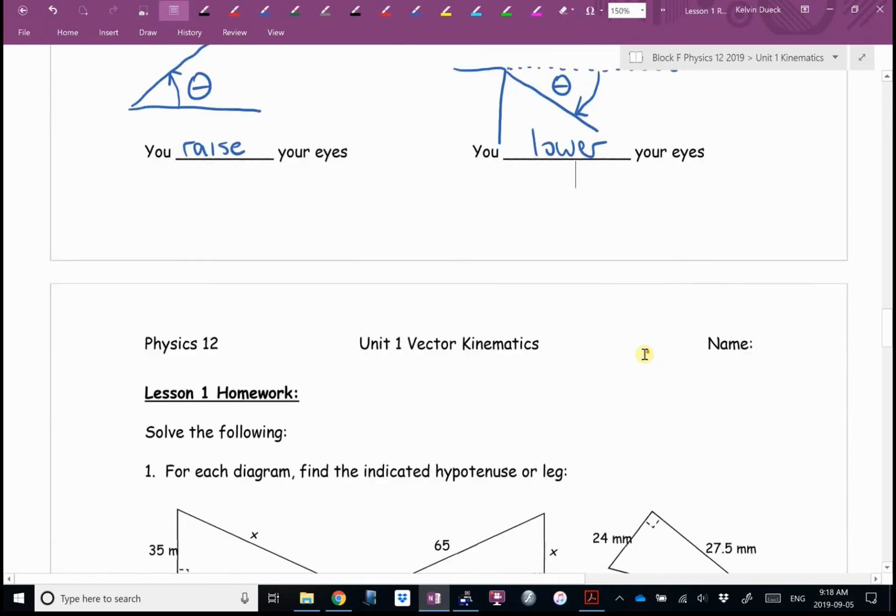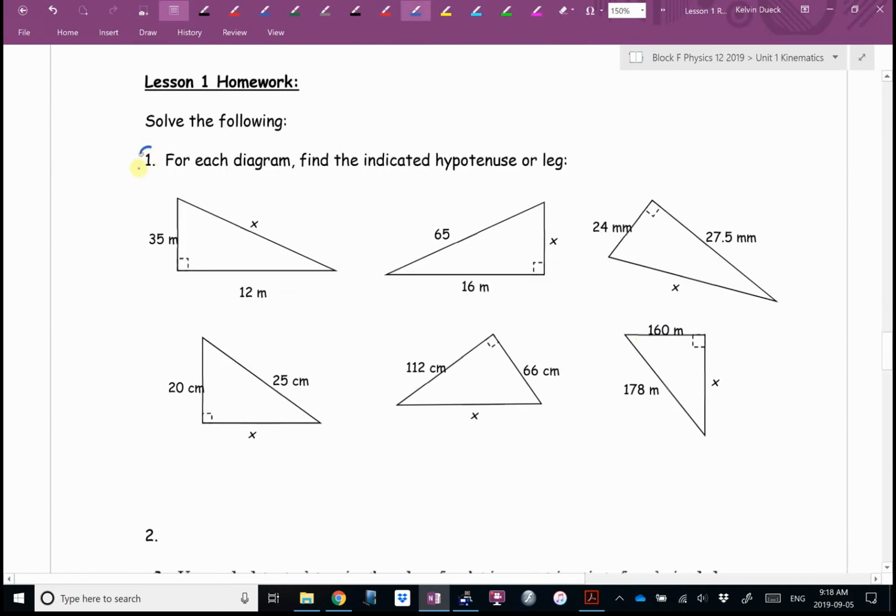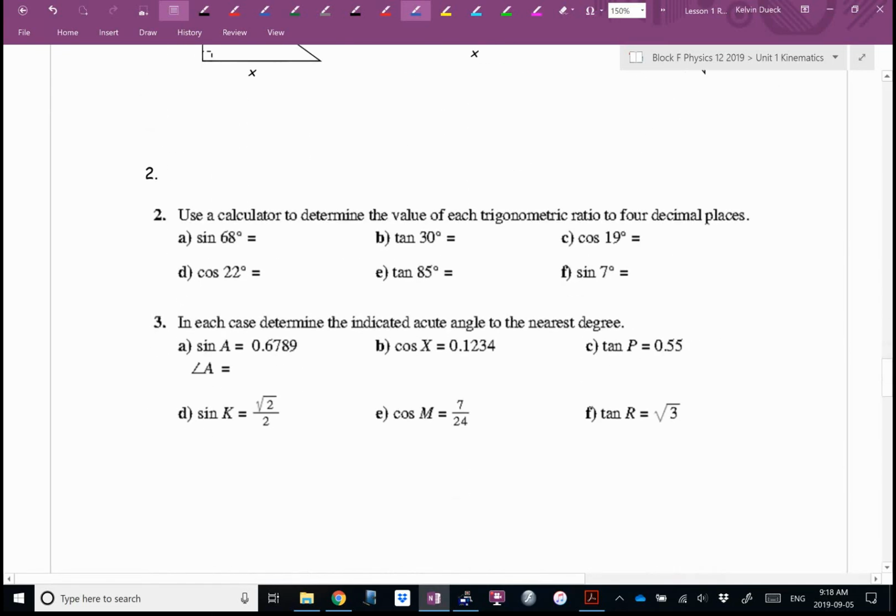What's your homework? You can do all of number one, show as much or as little work as you need. If you can do each question for number one, showing no work whatsoever, going straight to your calculator, I'm good with that. Answers are on the back page. All of number two, I know number two has a subpart 2 and 3, so I'll circle both of them.